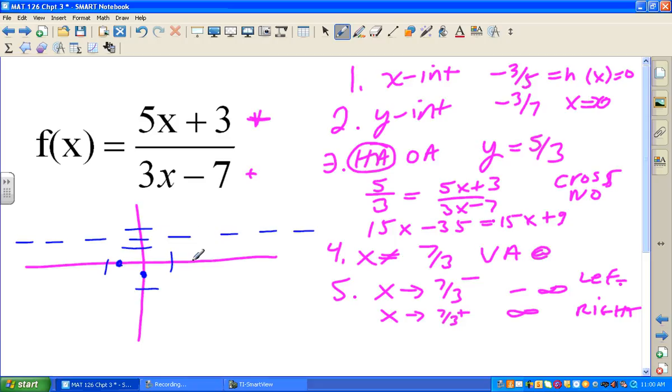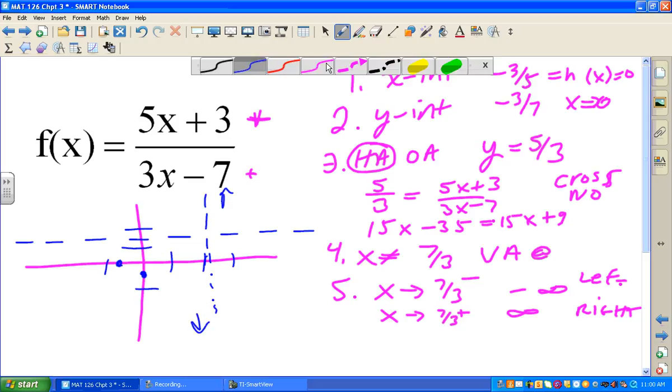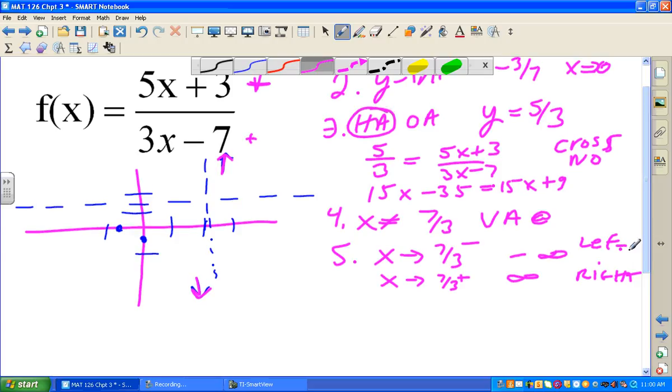Vertical asymptote at 7/3, 2 1/3. And I know on the left side it's going to be at negative infinity. And I know on the right side it's going to be positive infinity. Positive, negative. Now I just fill in the rest of it.